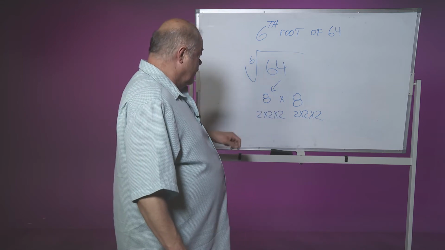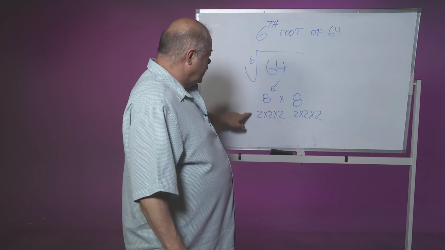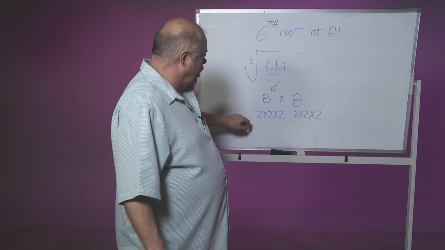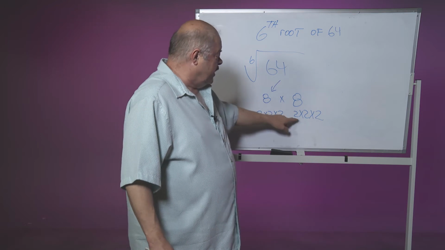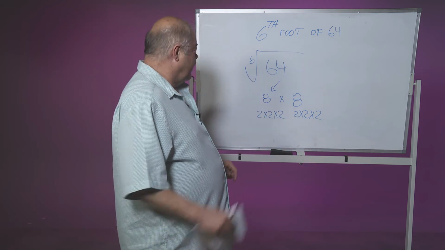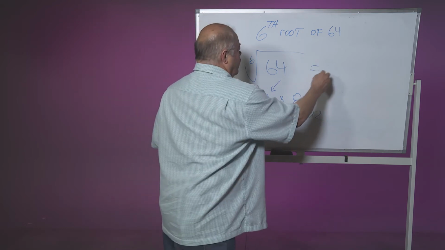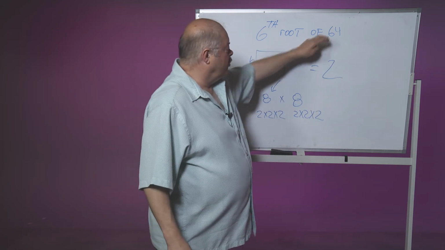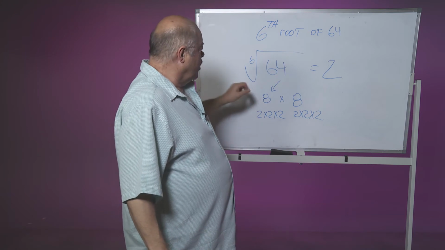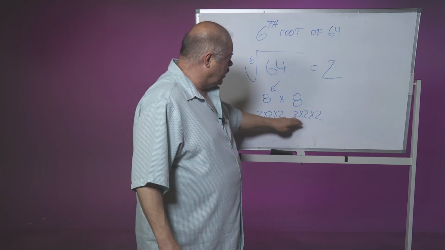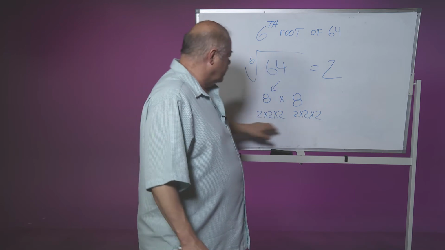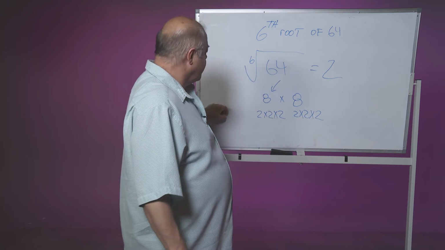Yes. So the 6th root of 64 is a number that multiplied by itself 6 times, and that answer would be 2. Again, 6 numbers multiplied together.